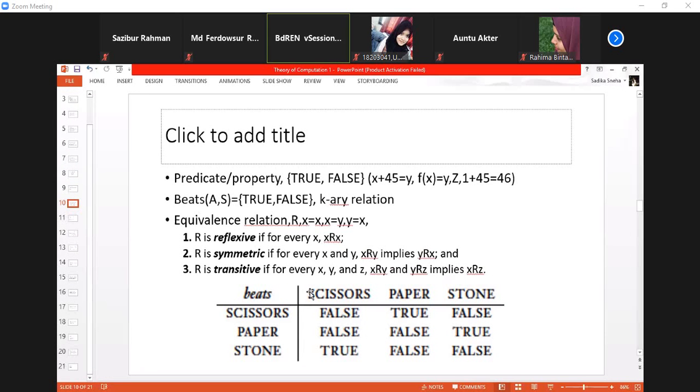One way, we can calculate the function and show the output, and another one is we can create a table. In our previous higher mathematics of SSC, we have solved problems related to functions, just calculating the values.